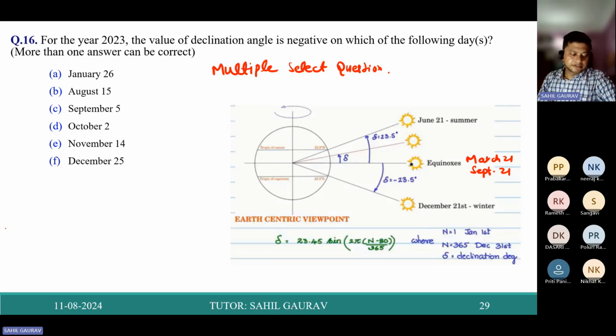If we go from this equinox to summer solstice, then it will be positive, and if you go from this equinox to winter solstice, then it will be negative.